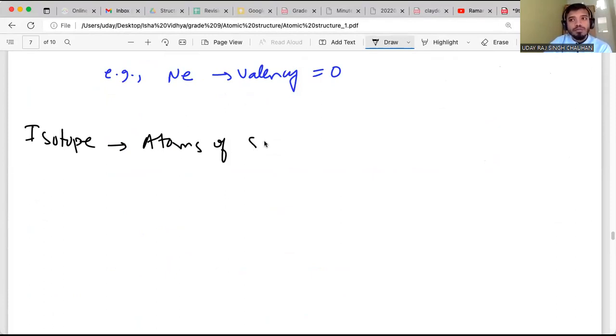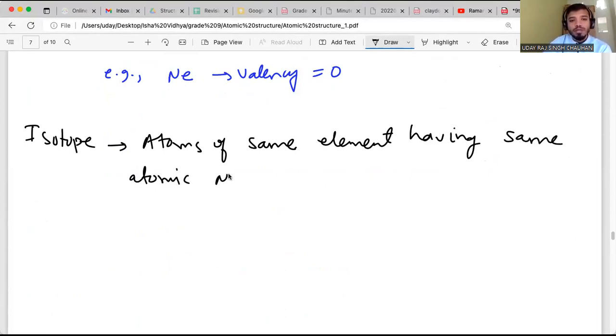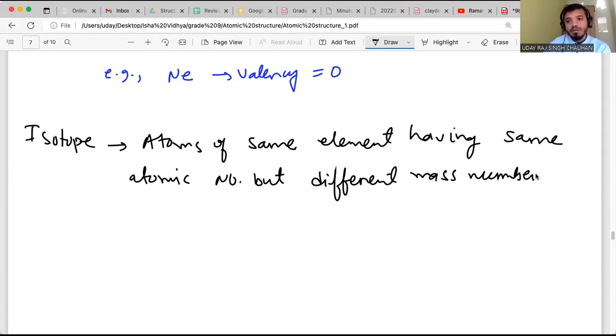Atoms of the same element having the same atomic number but different mass number, right?